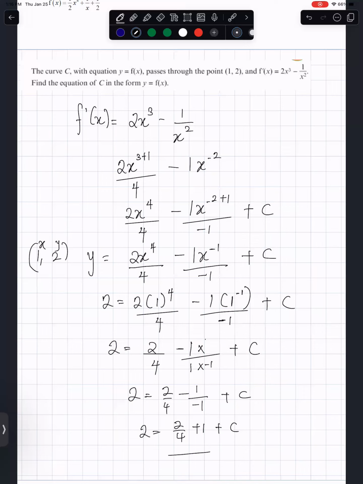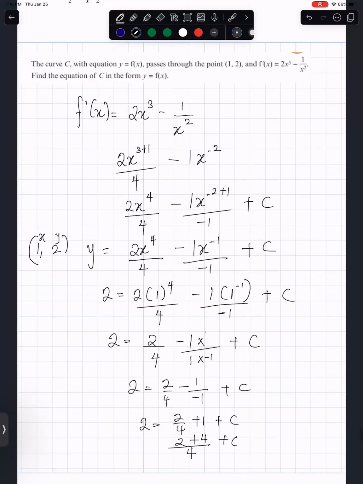So looking for our C value, we have 2 plus 4 here plus C, which gives me 2 equals 6/4 plus C, right? So our C becomes 2 minus 6/4, which is 8 minus 6 over 4, C equals 2/4, which gives half.